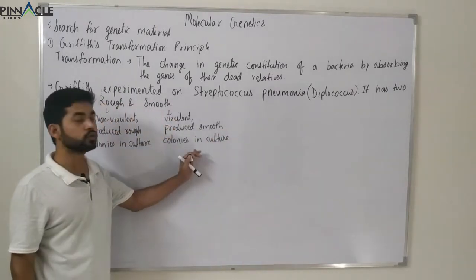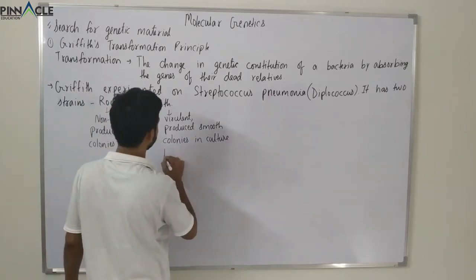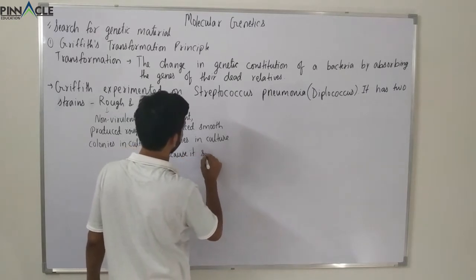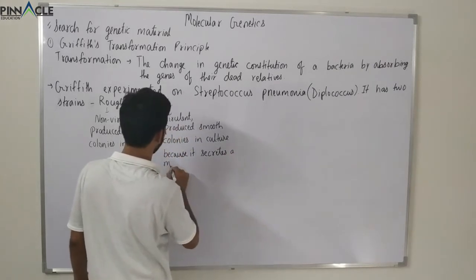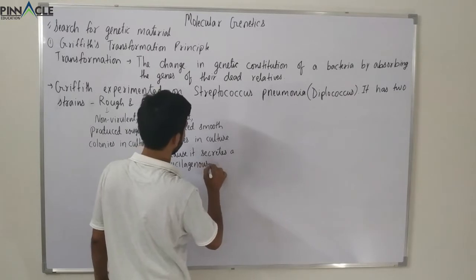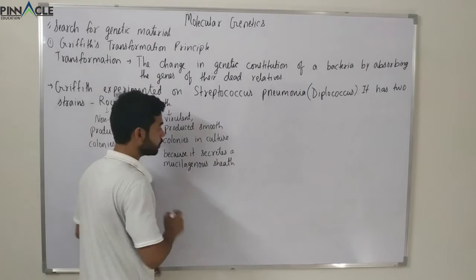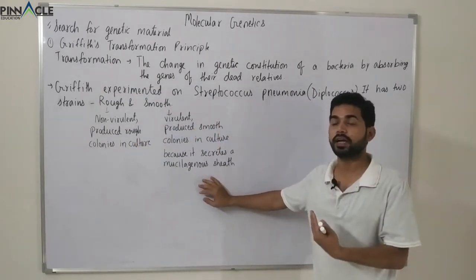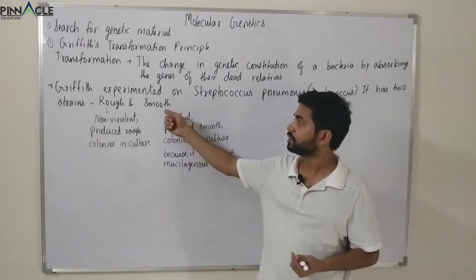It is smooth because it secretes a mucilaginous sheath. This mucilaginous sheath protects it from the enemy's antibodies, and it is also the cause of the virulent nature of the smooth strain.